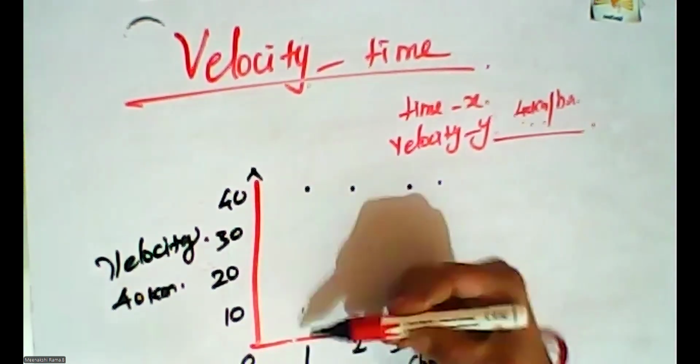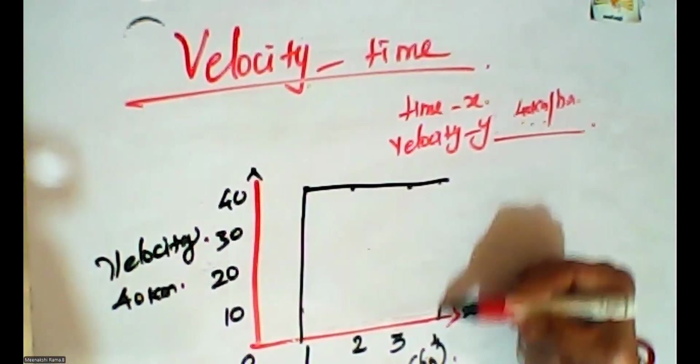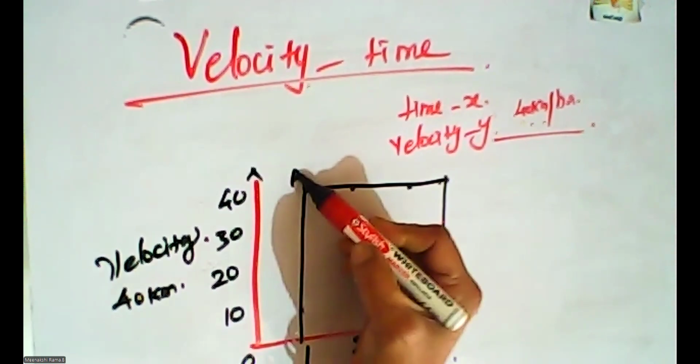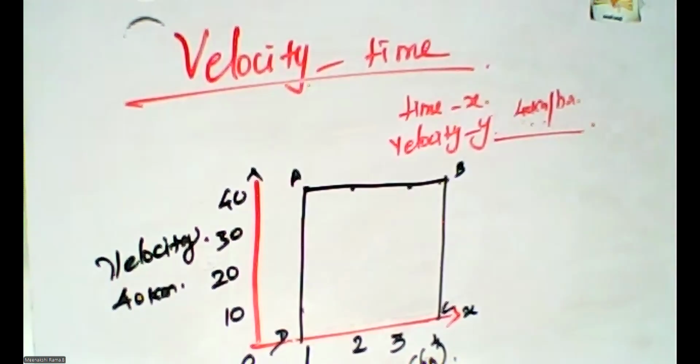So we want to join those data points. Denote them as point A, B, C and D. Okay, so the area looks like a rectangle. We know the formula for a rectangle. Yes, the distance is the area of the rectangle ABCD.